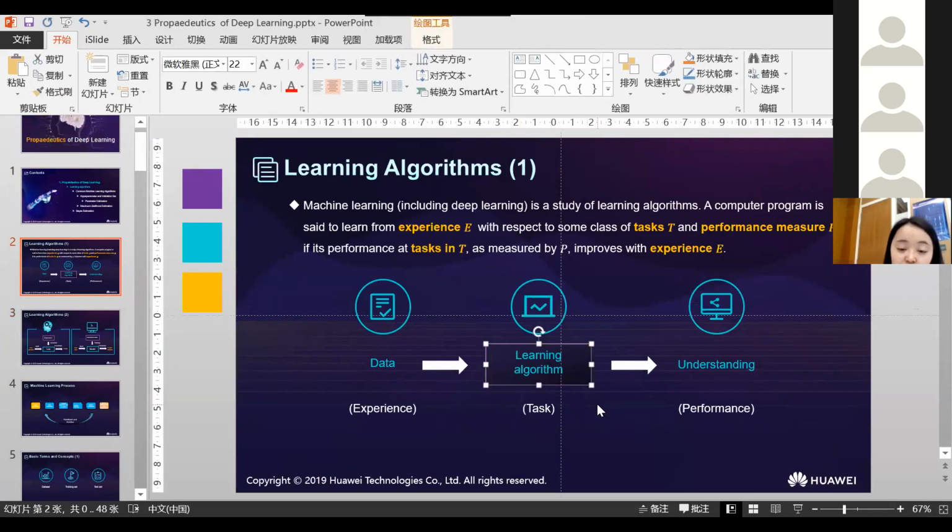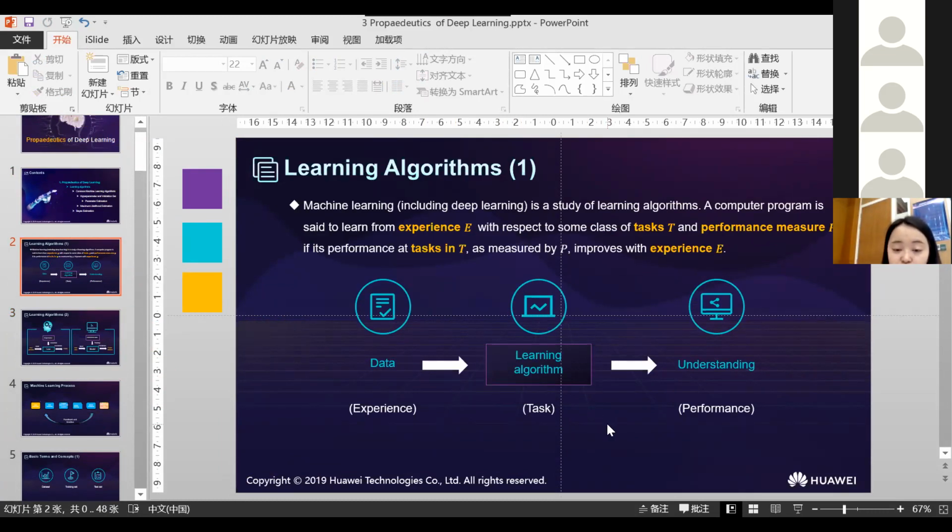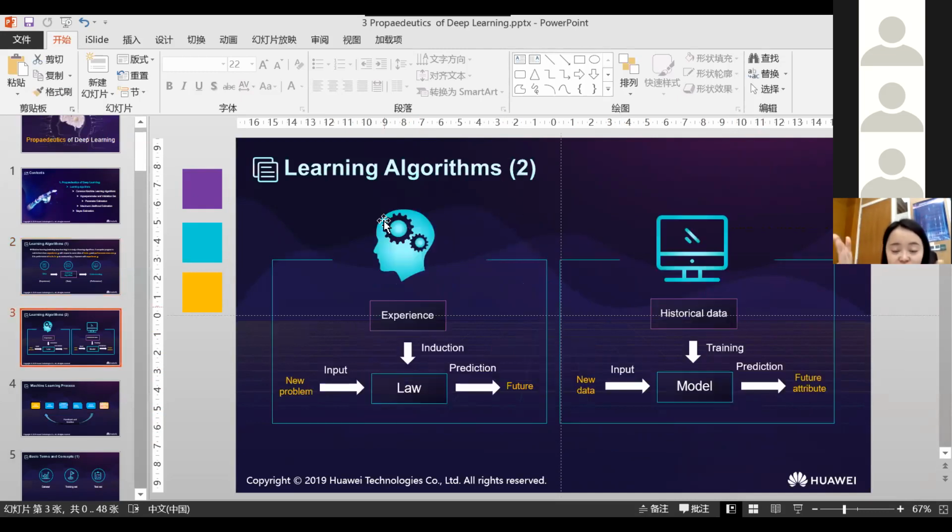The model would have some specific algorithms, strategies, principles, and according to these principles or strategies, it can learn from the data, just like human beings. It can learn from experience, and then it will output some prediction or performance. And here's the comparison between the human learning process and the learning algorithms for models.